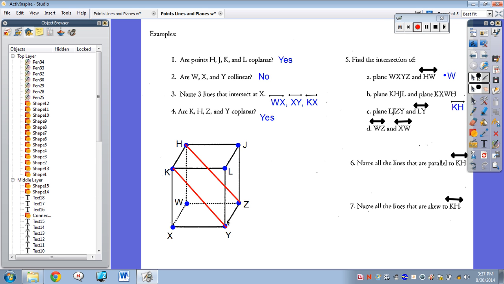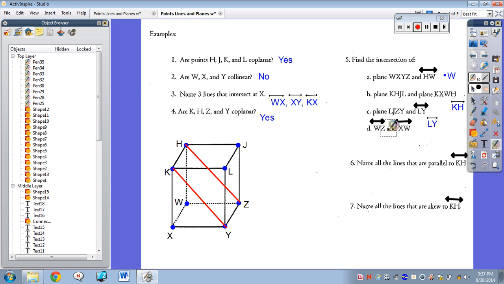And if you have a line that's on a plane, it's going to intersect at every point on that line. So the answer to this is going to be line LY. All of line LY will intersect with plane LJZY.